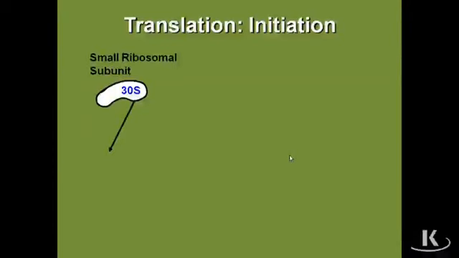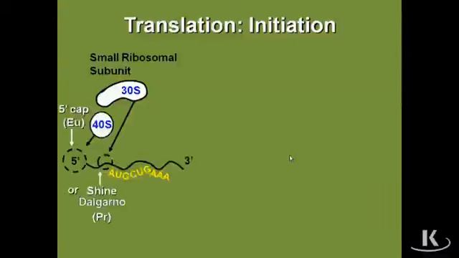Let's take a look. So we have a small ribosomal subunit, and in prokaryotes, this is a 30S ribosomal subunit. It's going to bind to a messenger RNA, and it's going to bind to the messenger RNA at the Shine-Dalgarno sequence. The 40S in eukaryotes, the 40S ribosome, is going to bind to the cap.